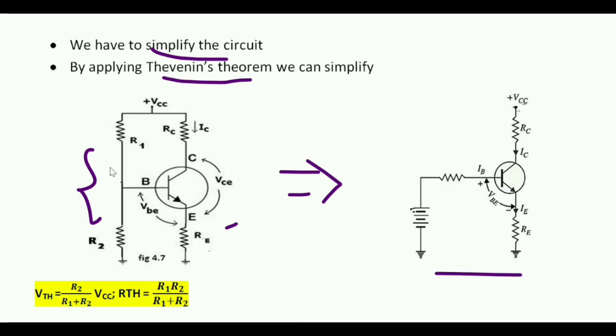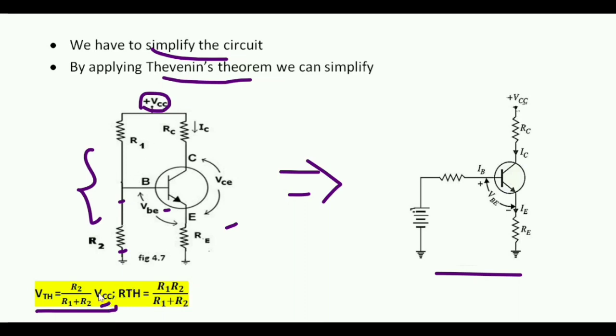That is, we are getting voltage that is used for forward biasing the emitter base junction, which is nothing but the voltage drop across the resistor R2. The voltage drop across the resistor R2 that is getting from the source VCC is nothing but VTH, that is the Thevenin's voltage across R2 resistor.